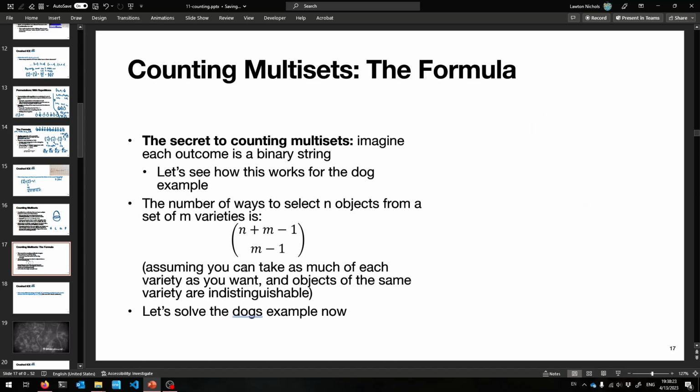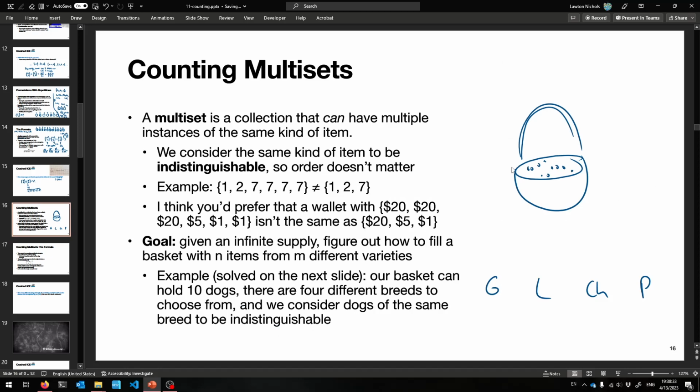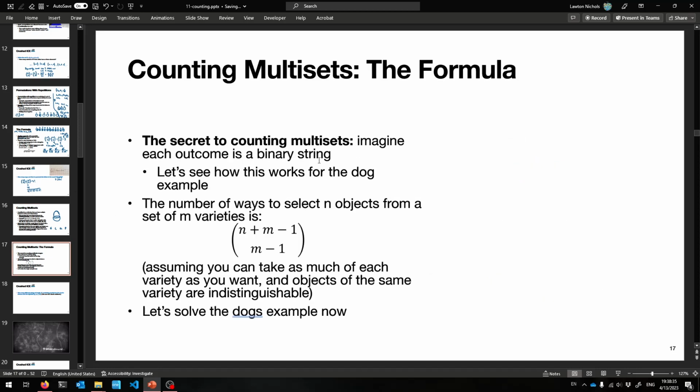Here's the secret to counting multi-sets. What you do is you imagine that each outcome, each possible multi-set you could make, like 4 Golden Retrievers and 3 Labs, etc., is a binary string. This is going to look really cool. Let me show you how that works for the dog example. So let's say that we have, again, 10 dogs to choose in total. Got to put them all in our basket, and 4 breeds to choose from.